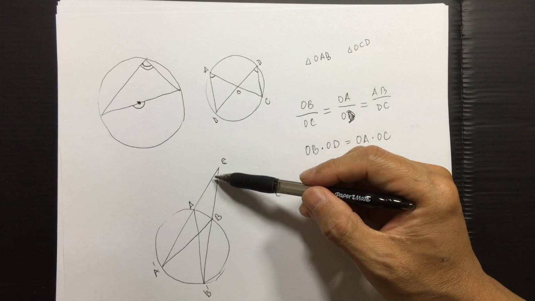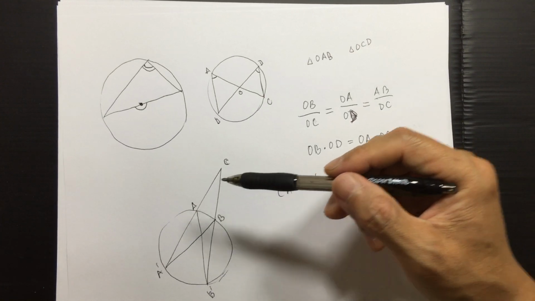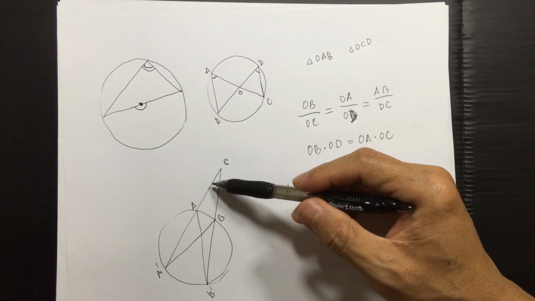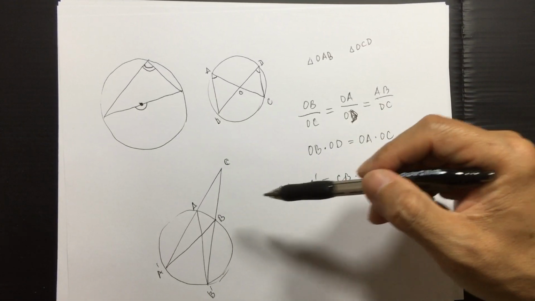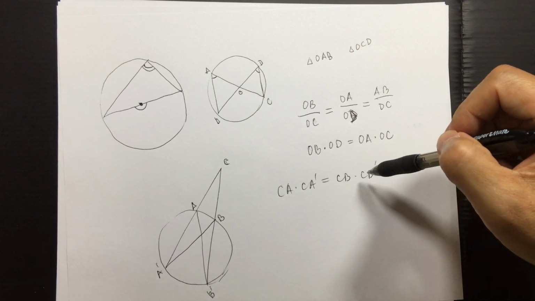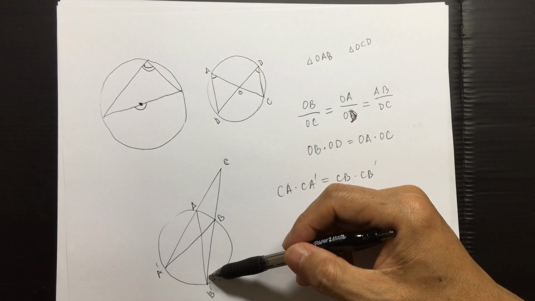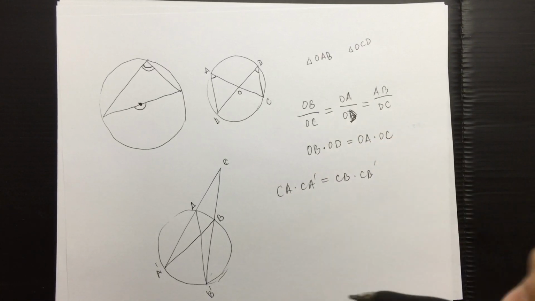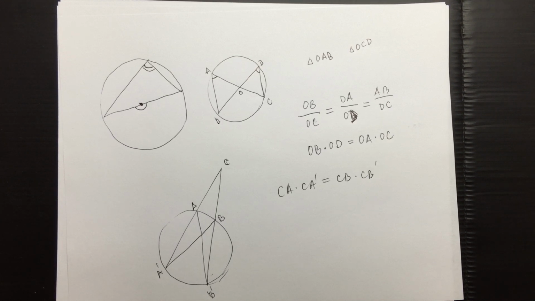This is the shared angle. Then you do the sides: CA, which is the short end, divided by CB, equals CB prime, which is the long end, divided by CA prime, of that triangle.